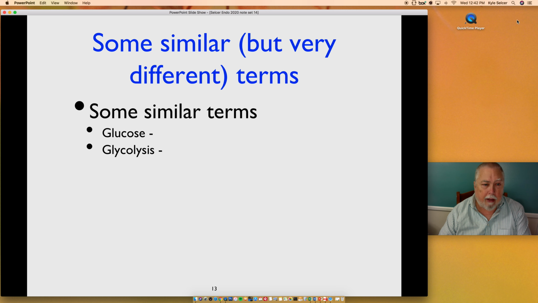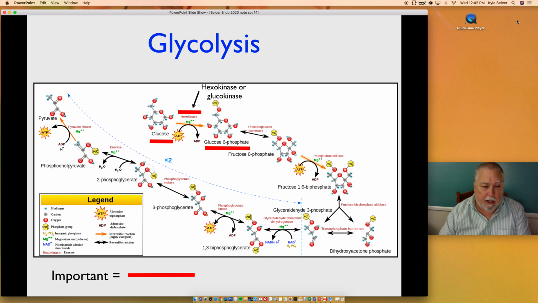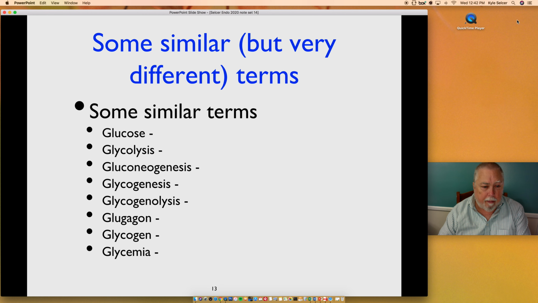Glucose, glycolysis, gluconeogenesis, glycogenesis, glycogenolysis, glucagon, glycogen, glycemia. Those are all terms that you should be familiar with. And glycemia, usually there's a hypo or a hyper in front of it. Either too much blood glucose, or too little blood glucose.